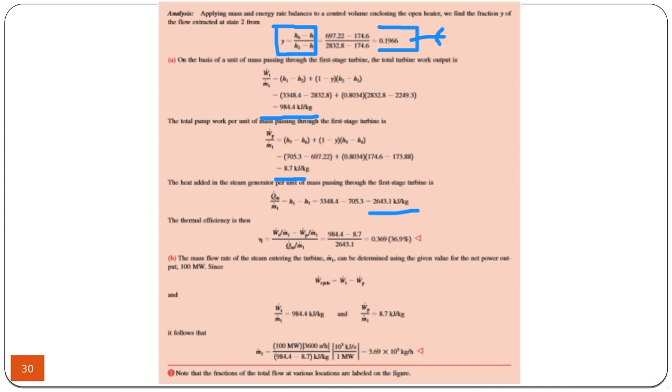Then we see that the cycle efficiency is found to be almost 37%. It's less than the previous 40% because of the irreversibilities, of course. So in this case, the required mass flow rate of the steam is found to be 3.69 times 10 to the 5 kilograms per hour.